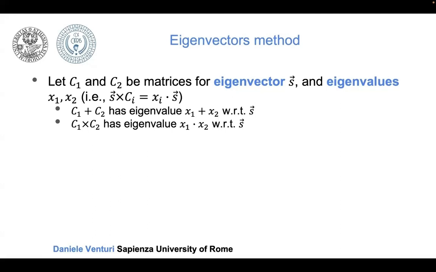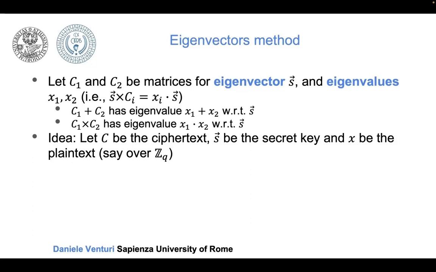And then the natural idea that came to the authors of the paper is that we should have C be the ciphertext, S be the secret key, and X be the plaintext. If we can do this, it should be really helpful to get fully homomorphic encryption, because if we want to do homomorphic addition, just add the matrices.